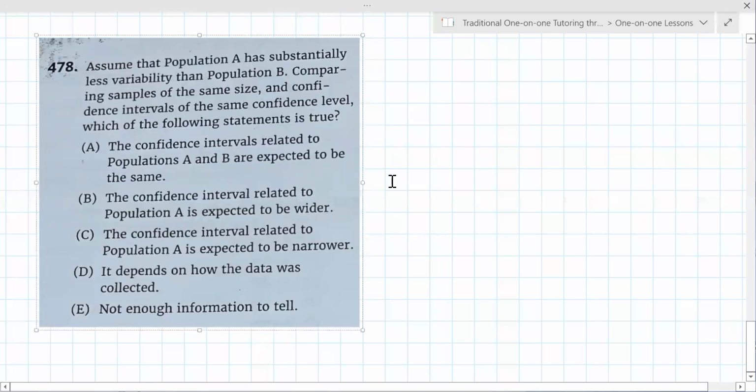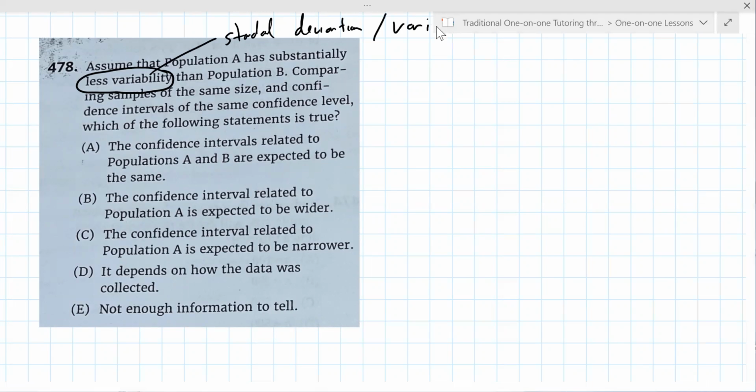All right, assume that population A has substantially less variability than population B. Okay, so variability refers to standard deviation. Also, the word variance, standard deviation and variance are very much related.